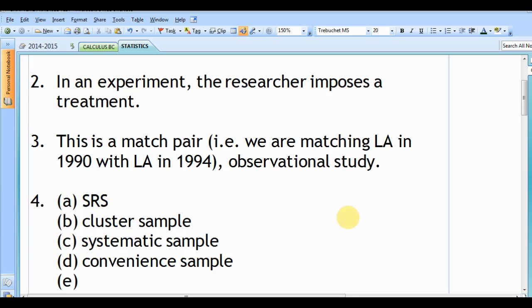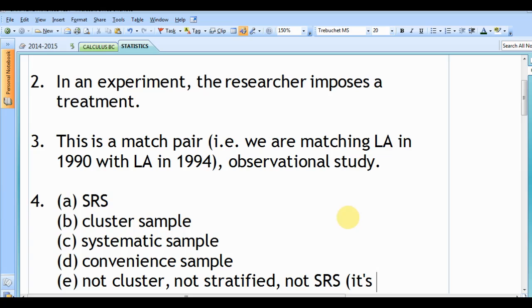So this is not cluster, not stratified, not SRS, right? It's a mess. Yeah, this is really bad design. Kind of guaranteed to have a lot of bias in that.